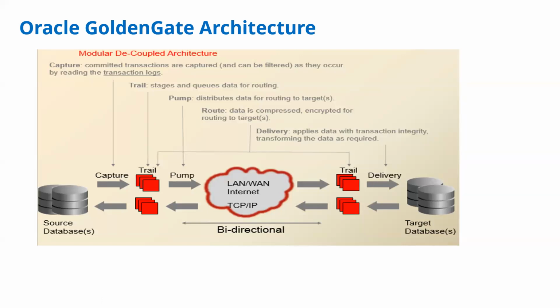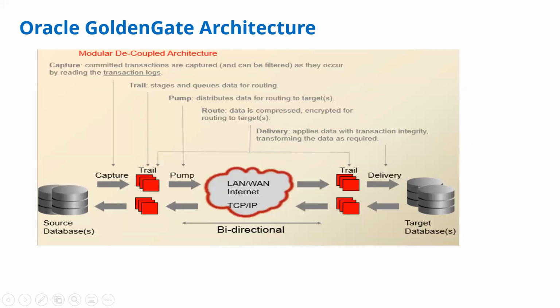In a bidirectional environment, the extract will be configured on site B, writing data to local trail. Once the data becomes available in local trail, the pump process on site B will write the data to remote trail on site A, and then the replicate process on site A will apply the data to the target database on site A. So basically, I always say bidirectional is nothing but two-way unidirectional.